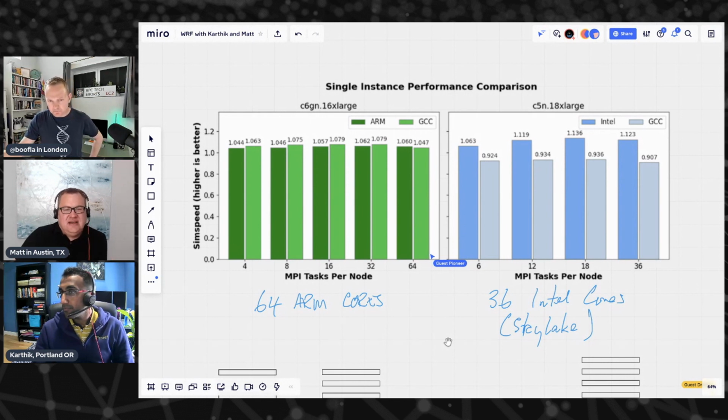Oftentimes you might see somebody comparing GCC to GCC, trying to make it fair. But in our case, we really want to choose the best to the best. That's why we're showing this. For the rest of our information, it's all using the Intel compiler on the Intel side and just GCC on the ARM side, because it's so close and you can get that without cost.